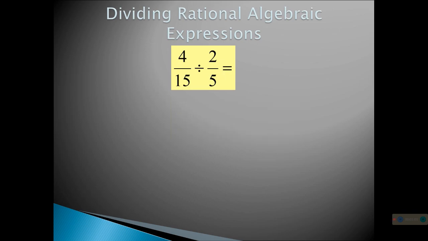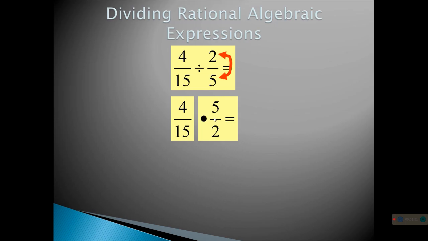Or there is another way to divide this. Still, you copy the dividend, or the first fraction. Again, flip the second fraction and change the division sign to a multiplication sign. This time, you may use cancellation first. We have here the common factor between 4 and 2, which is 2.